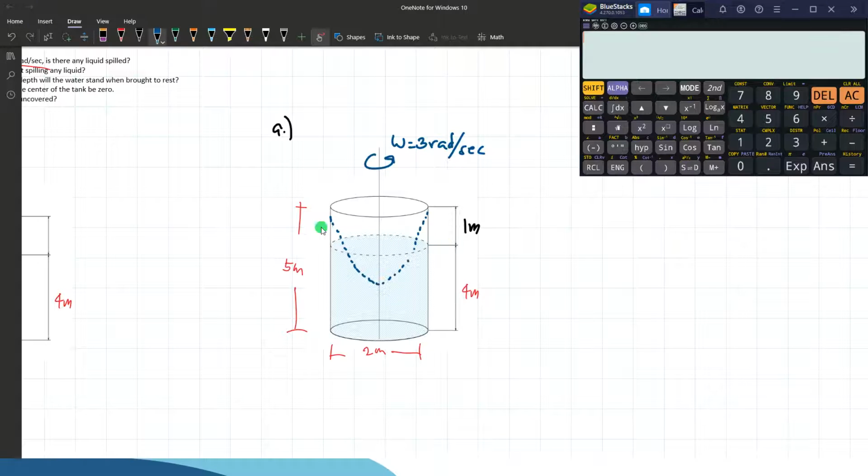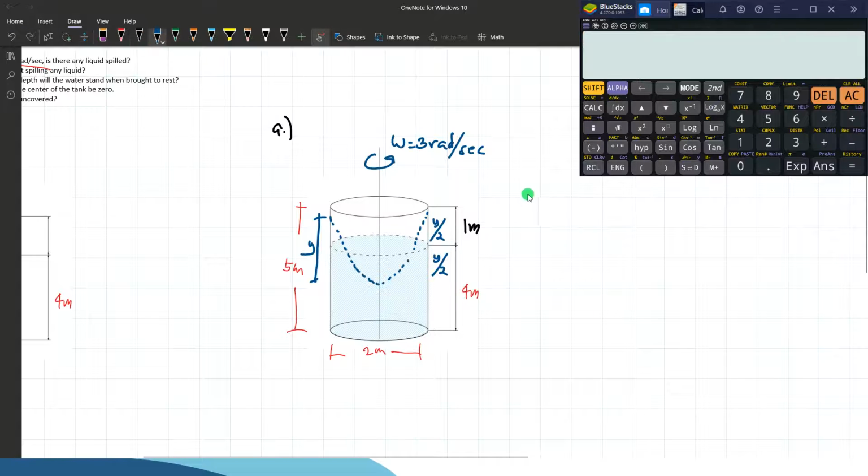If this depth of the vortex is y, when we have a paraboloid, that depth is distributed equally from the liquid surface above and below. So that's y over 2.